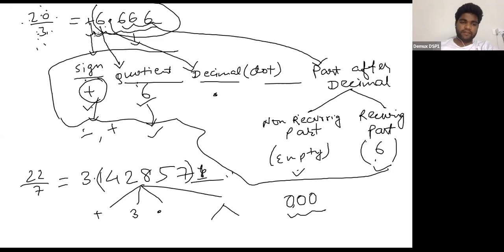This is simple division, right? Once you get a numerator greater than the denominator, you divide, put in the quotient, and with the remainder, you repeat the process.